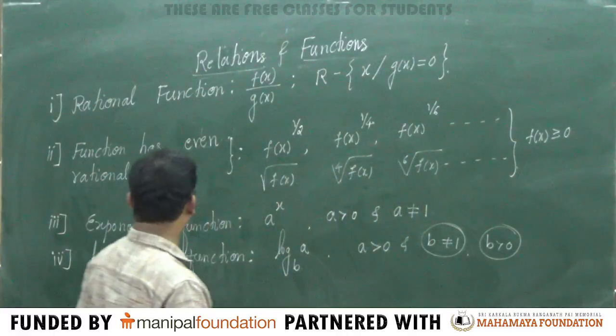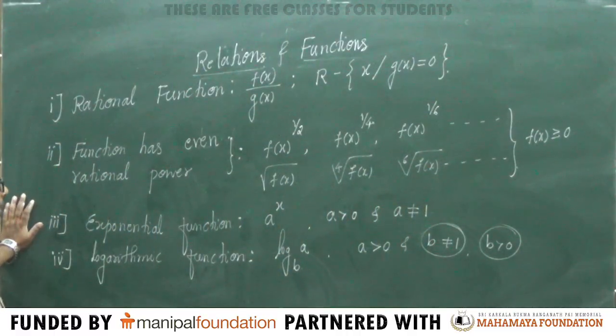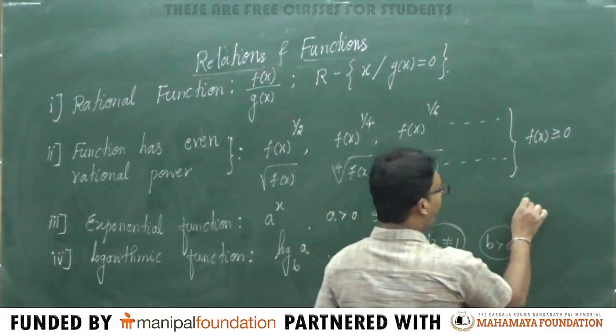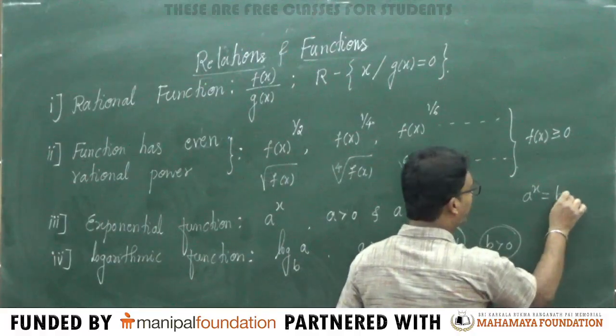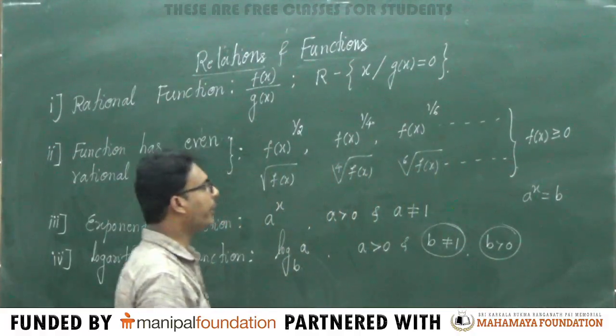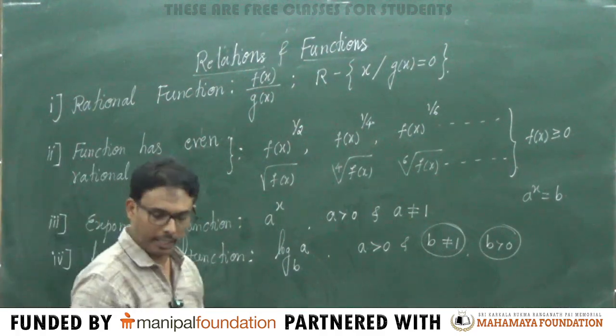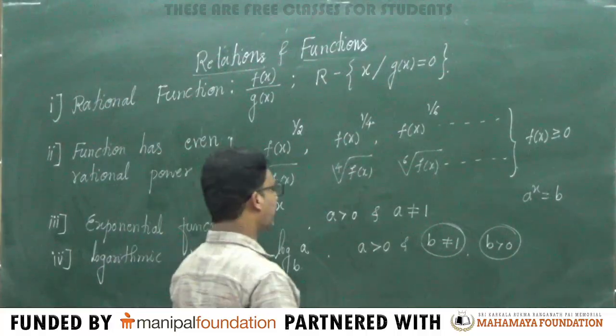So this is the idea to find the domain of a logarithmic function. As we know, if a power x is equal to b, then x is called log of b to the base a, and b cannot be negative; b is always greater than 0.